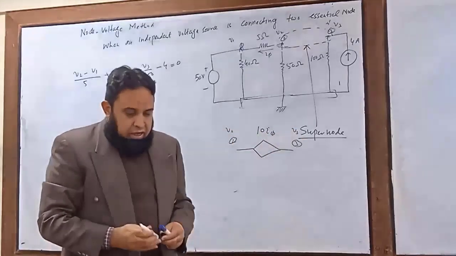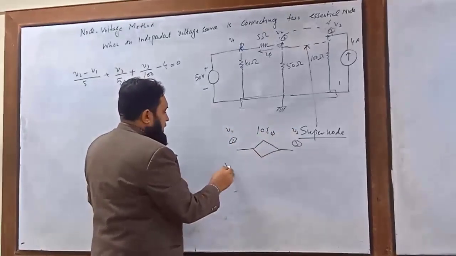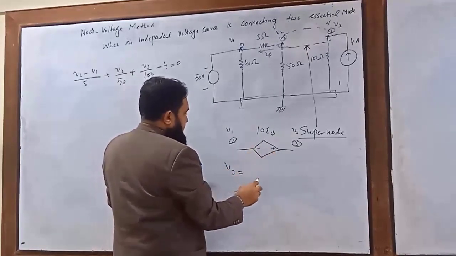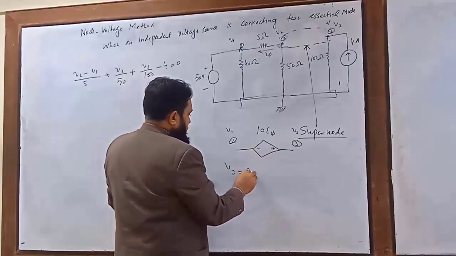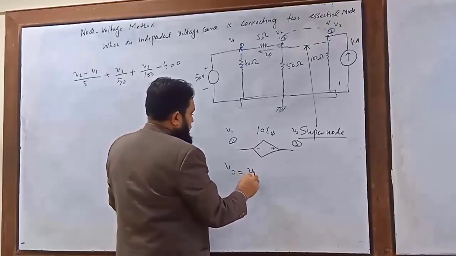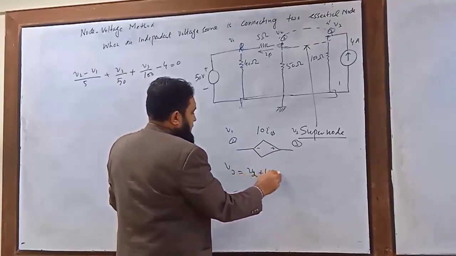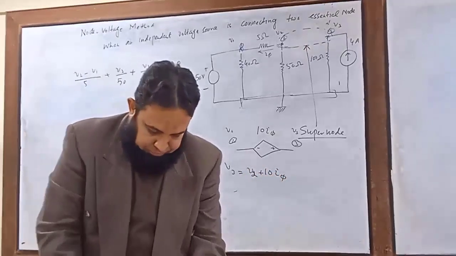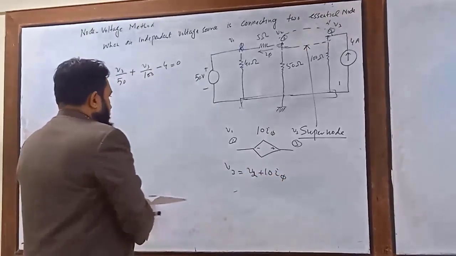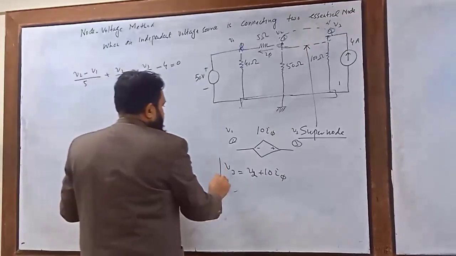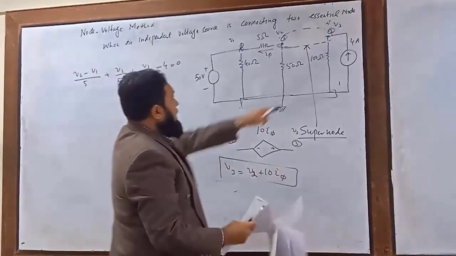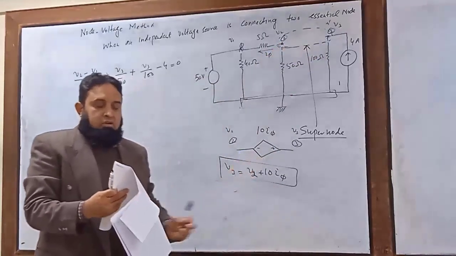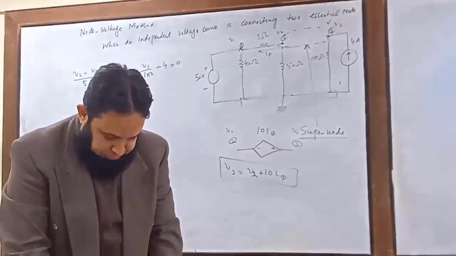So we can write the expression for V3, because it is plus, it is minus, so we can write this as V2 plus 10I5. Okay, so this is the expression for V3 in terms of V2 if you consider this as a voltage source.